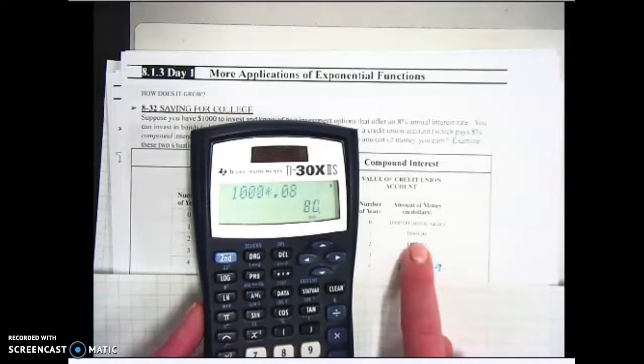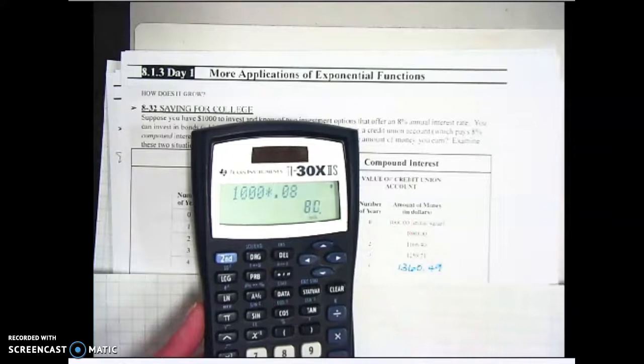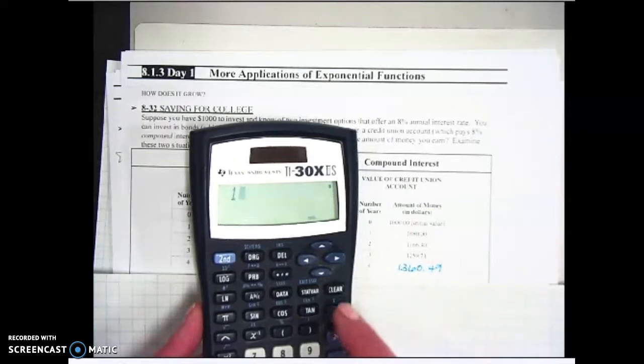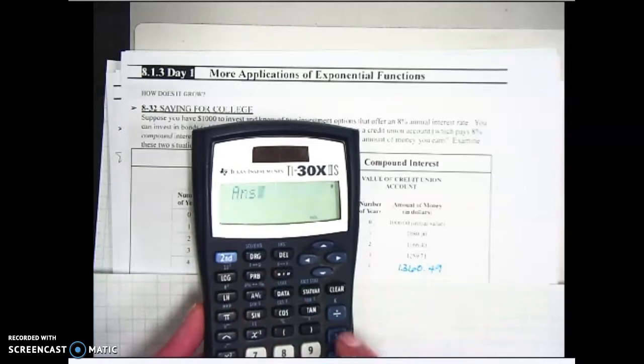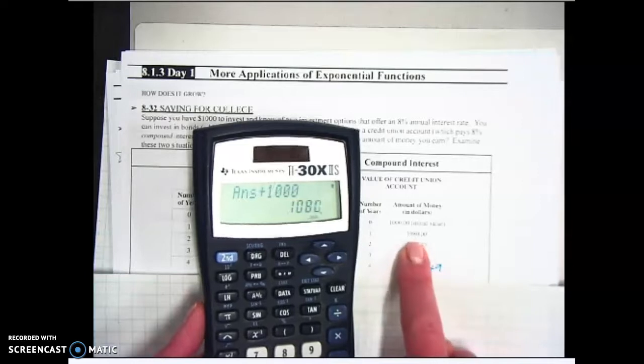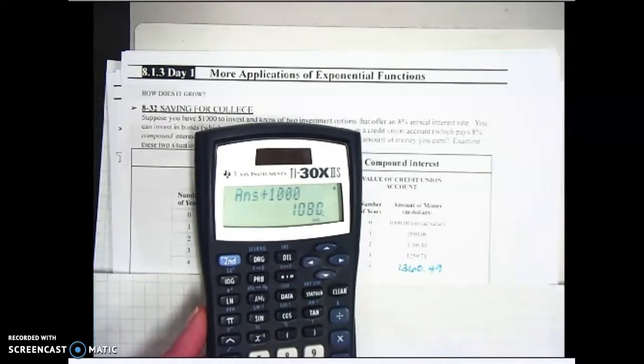Did you end up with only $80 right here? No, you ended up with $1,080. So what do you have to do? You have to add it back to the $1,000, right? So you're going to take that previous answer and add the 1,000, and that's how you get 1,080. You guys want to see a shortcut? Okay.